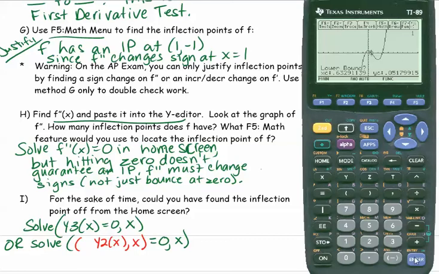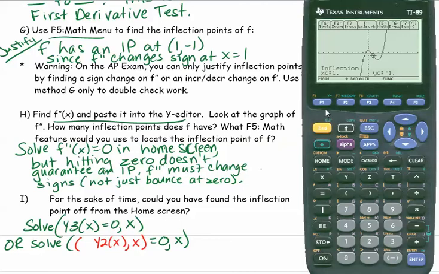So we can do a lower bound and then move to an upper bound, and it's going to look for an inflection point, and right here at 1, -1, we find an inflection point. But notice how I would justify it. I have never graphed the second derivative yet, but I would be smart enough to know that f has an inflection point where f double prime changes signs.